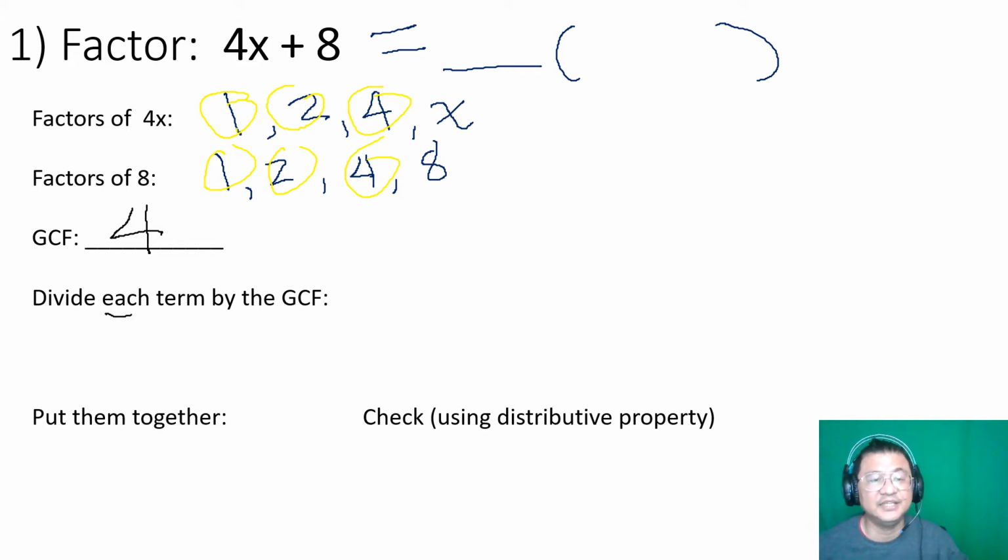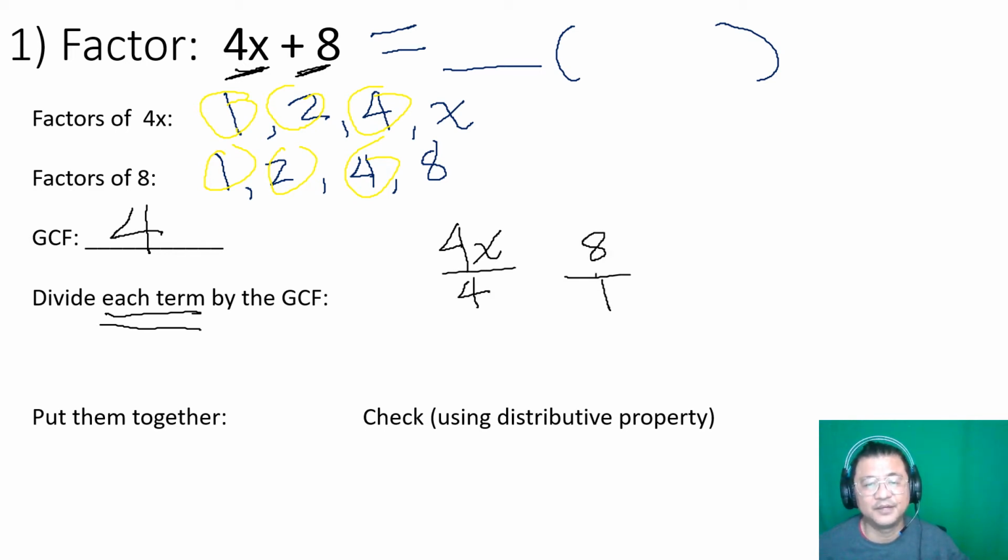Now, divide each term by the GCF. So what do you mean by that? Let's start with 4x and then positive 8. So 4x divided by 4, 8 divided by 4. All right? So the first one can cancel out, so you're just x. The next one is 8 divided by 4 is a 2.